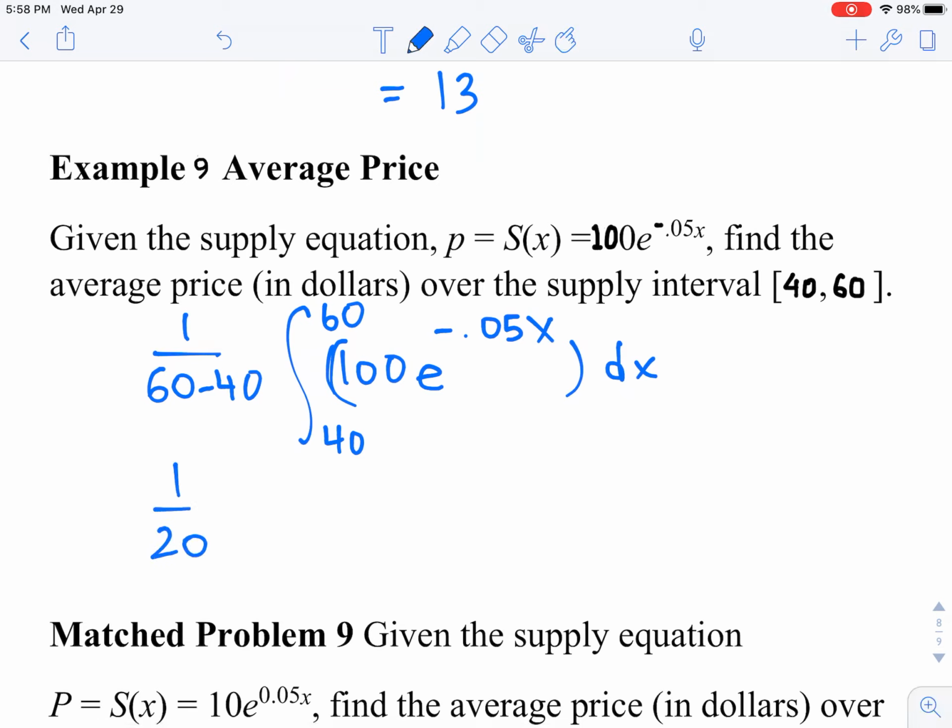So it's 1 over 20. Okay, so this is e to the negative 0.05x. It's going to be negative out front.